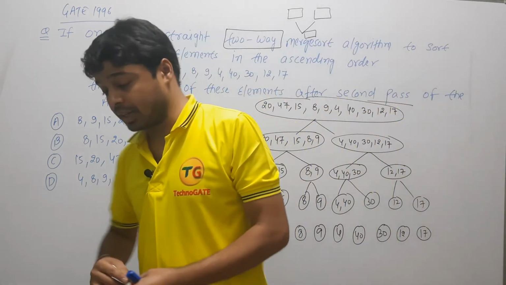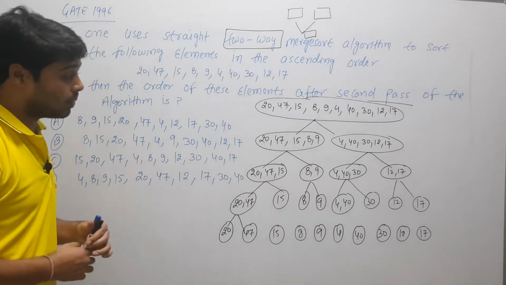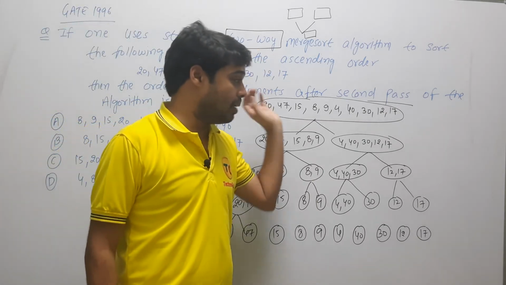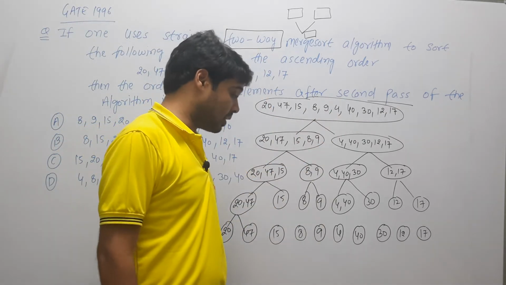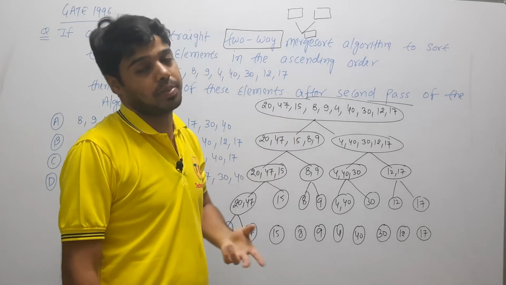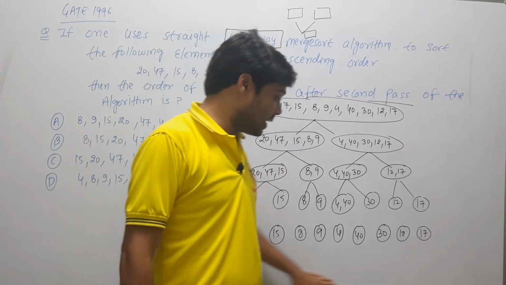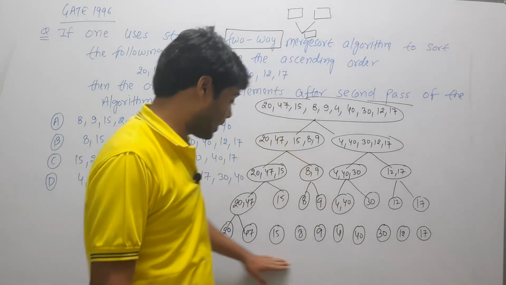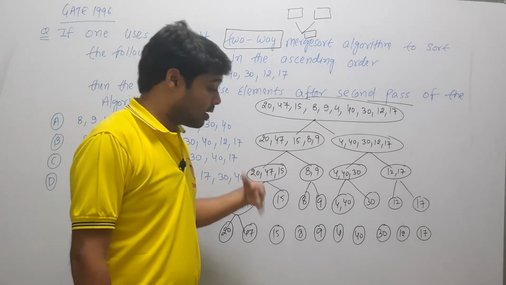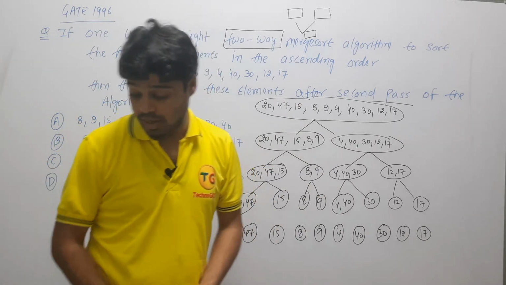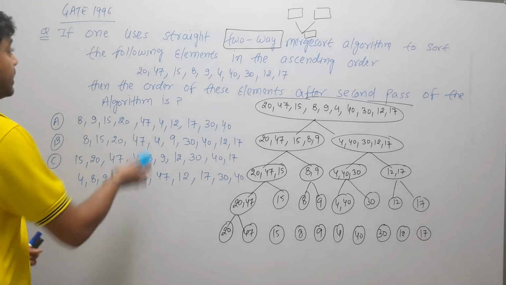Then the single elements are there. So we divide the elements until single elements become here. Now the first pass will start. When we divide all the elements, the problem becomes small. After that, we start the first pass here. So how does the first pass start here? Let's see here.